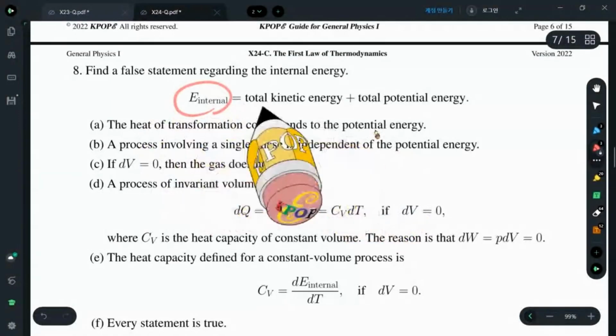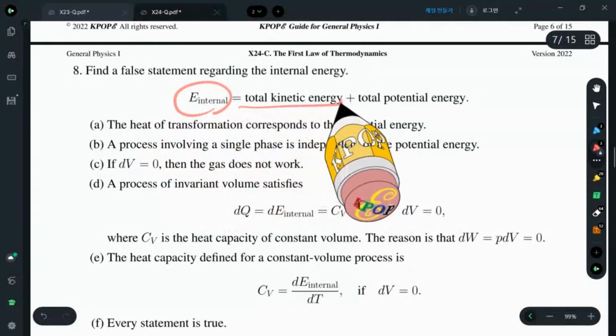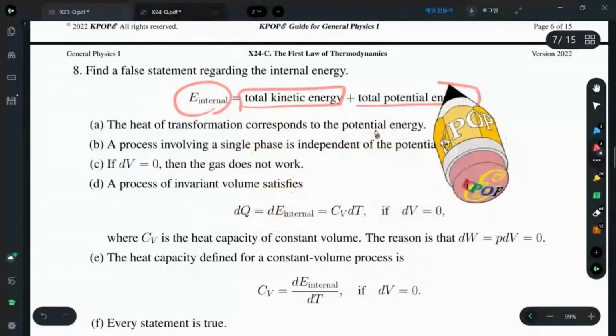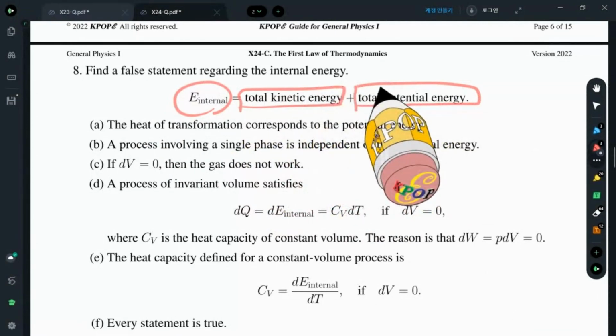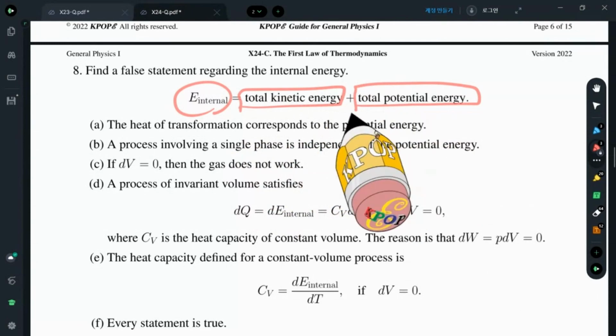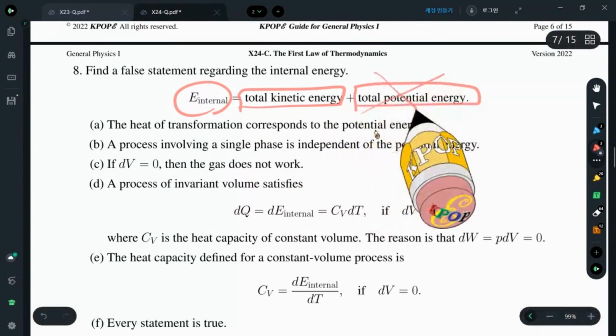Energy consists of total kinetic energy and total potential energy. Gas is just a single phase, so we don't have to worry about this.